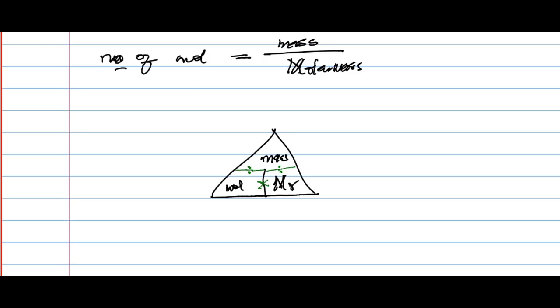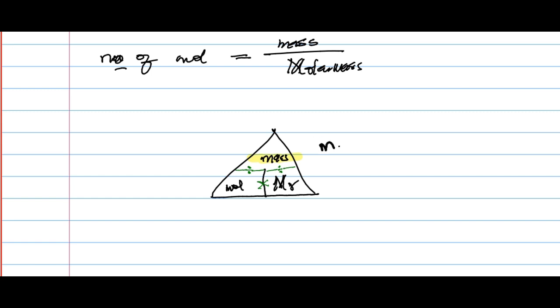From the equation up here, if you want to determine the mass of a substance, mass of a substance will equal mole times molar mass of that substance. Again, let's look at that together. You want to determine the mass of a substance. So if you just cover the mass of that substance like this, what do we have left? We have mole times molar mass.